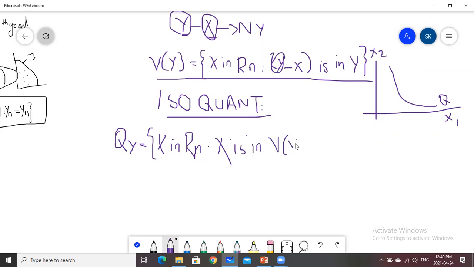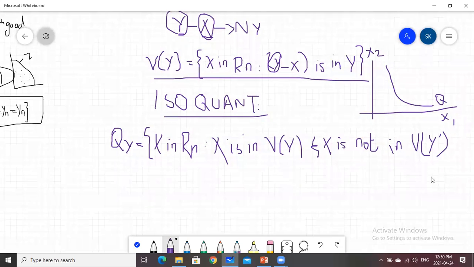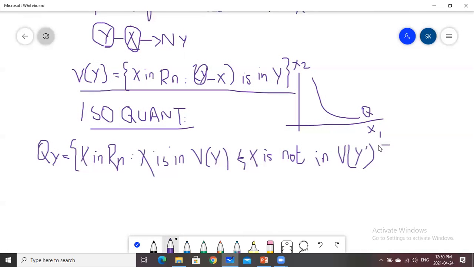What was V of y? V of y is the input requirement, and y prime is greater than y.